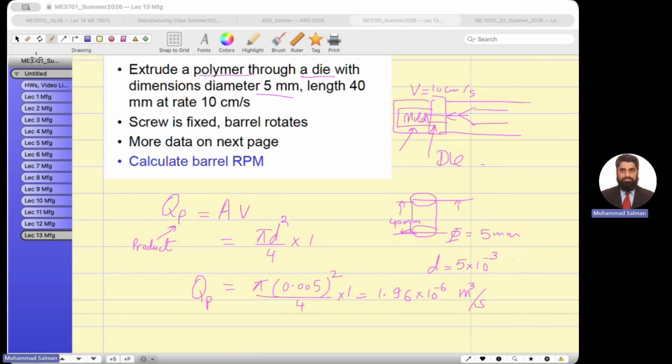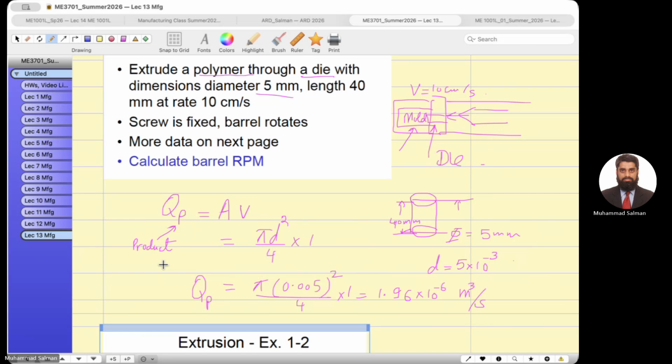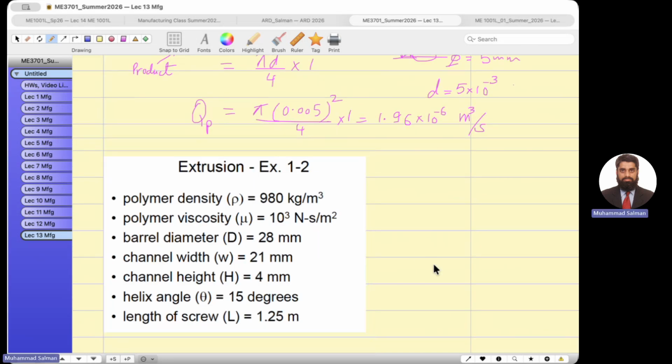Okay, now let's go to the next slide. It has given us some data. Polymer density is given, viscosity is given, the barrel diameter is given, channel height is 4 millimeter, width is 21 millimeter, and helix angle is 15 degrees, and the length of the screw is 1.25.